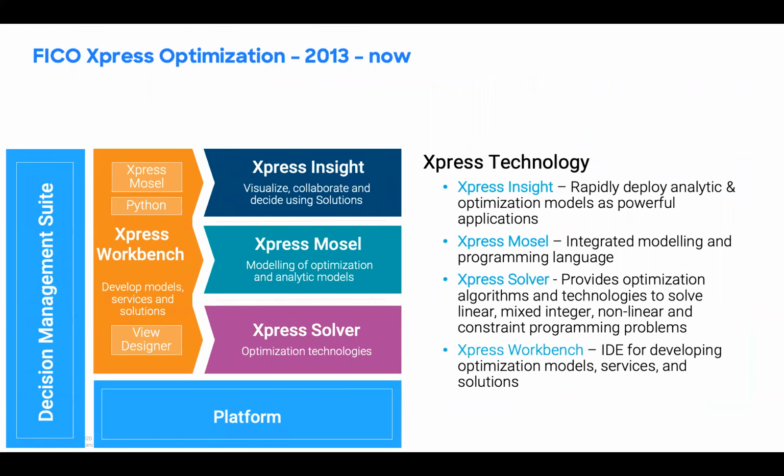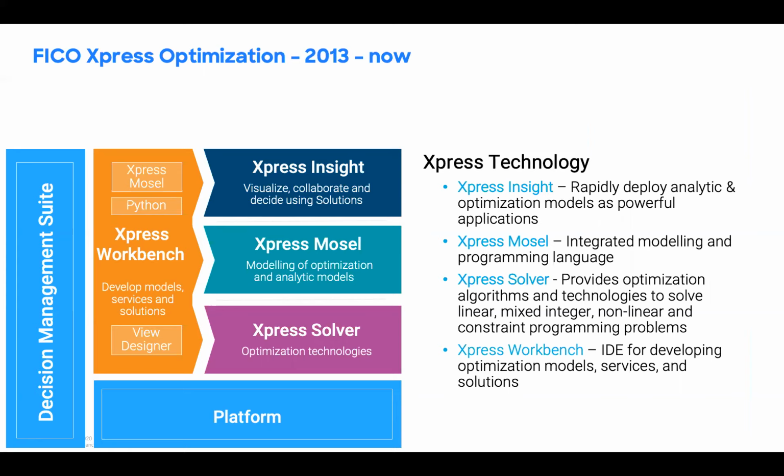I described to you the application layer with Insight, the modeling layer with Mosel, the solver layer, still the heart of what we're doing with linear, mixed integer, nonlinear and constrained programming solvers. And this all integrated and made accessible via an IDE for developing model solutions and optimization services. Then with FICO, we had the opportunity to take our optimization technology and put this into an integrated decision management platform.